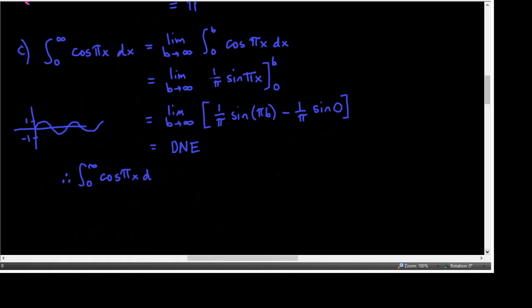So if ever that limit doesn't exist, because it doesn't exist in this problem, for example, or if it approaches infinity or negative infinity, this will be our conclusion, that that improper integral diverges. Okay, now let's do D.